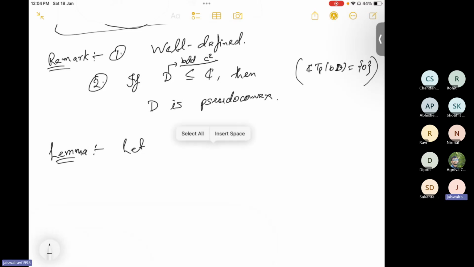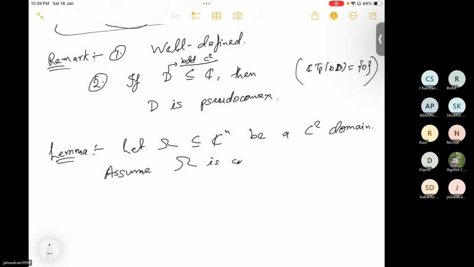Let omega, a subset of Cn, be a C2 smooth domain, and assume omega is convex. Then omega is Levi pseudo-convex.